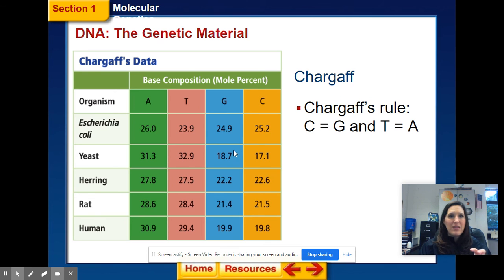So that means that they must match each other. So Chargaff's rule is that C binds with G and T binds with A in equal parts. So these two go together and these two go together. I remember DNA is where it's at: A binds with T, and then, of course, C binds with G. That makes it a little easier.